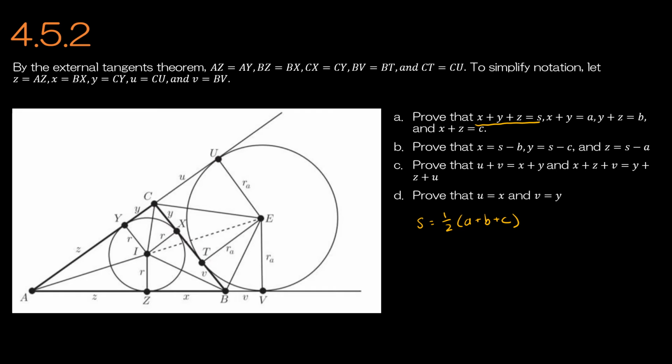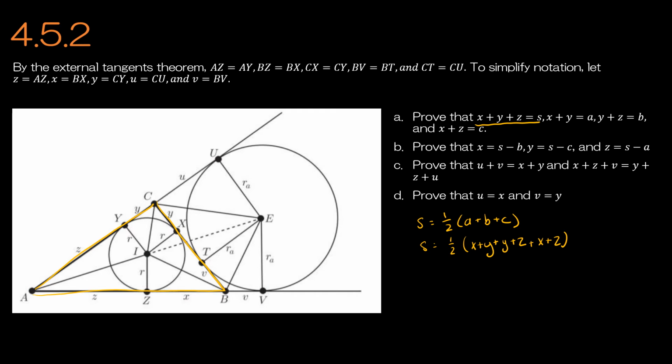Now, if we know that s is 1/2 a plus b plus c, I can see that a, which again is this side, is x plus y, and b is y plus z, and c is x plus z.